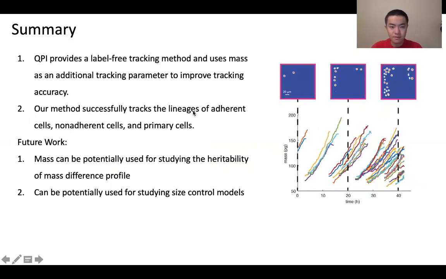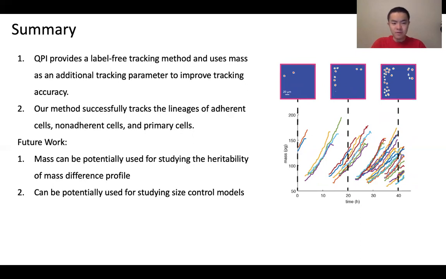Here's the summary of this project. QPI provides a label-free tracking method and uses mass as an additional tracking parameter to improve tracking accuracy. Our method can successfully track the lineages of adherent cells, non-adherent cells, and primary cells.